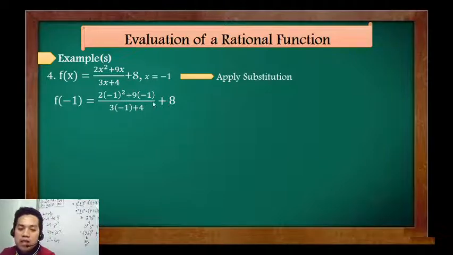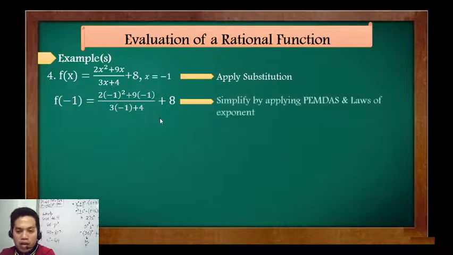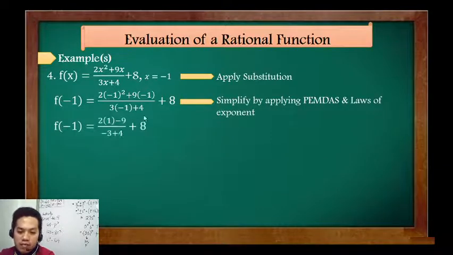Then the same with the denominator. We have 3 times x, pulihan na to value ni x which is negative 1 plus 4. Then, pwede na din ta mag-simplify by applying PEMDAS rule and laws of exponent. Okay? So, to simplify, let us, okay, we have negative 1.